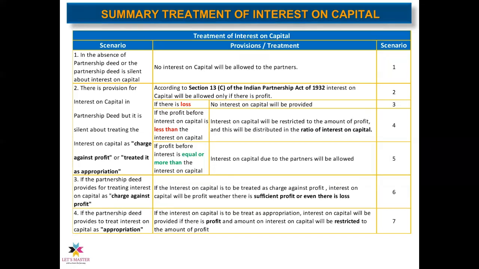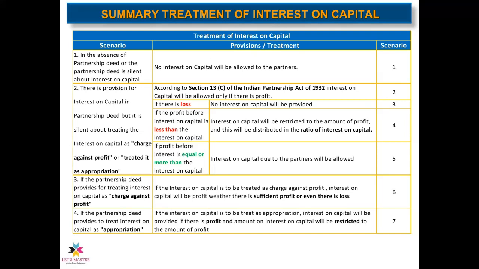That means it does not say whether interest on capital needs to be provided or not, or at what rate. So the partnership deed is absolutely silent, or there is no partnership deed at all. In this case, no interest on capital would be allowed to the partners.